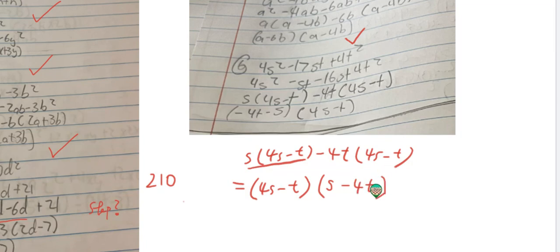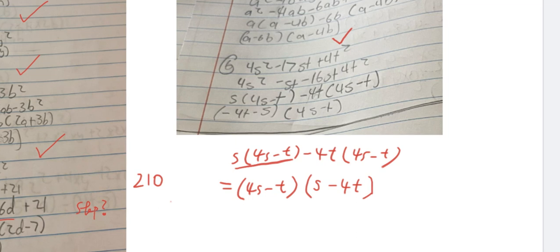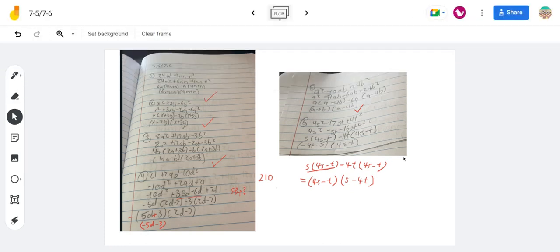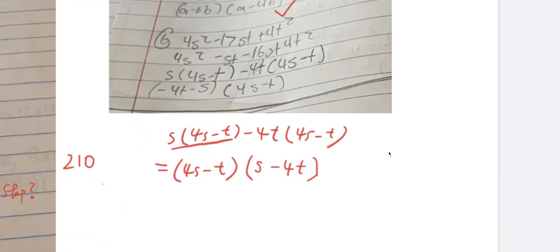So you have 4s minus t times s minus 4t. And then your answer is the minus 4t minus s. So actually here is a positive s. So it's 4s minus t and s minus 4t.